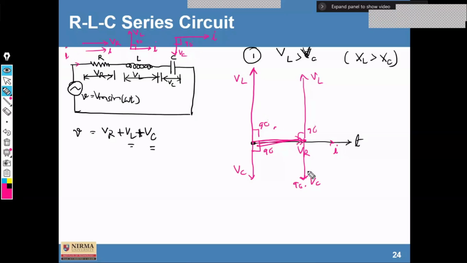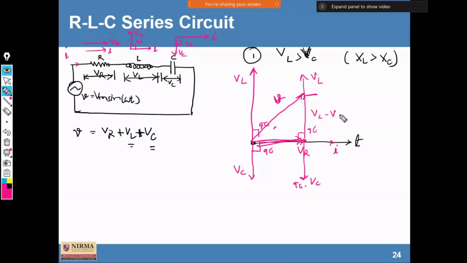If the magnitude of VL is greater than VC, then the difference would be on the upper side, and this is your resultant vector. So here we can write VL minus VC. Vector VL is there, vector VC is also there, but here there is a difference, VL minus VC.